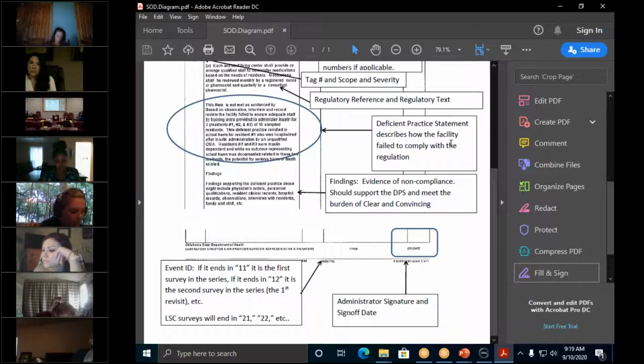It is LTC enforcement at health.ok.gov. If you are sending in directed plans of correction or plans of correction, if you will send it to that address, it will get to the right place quicker.